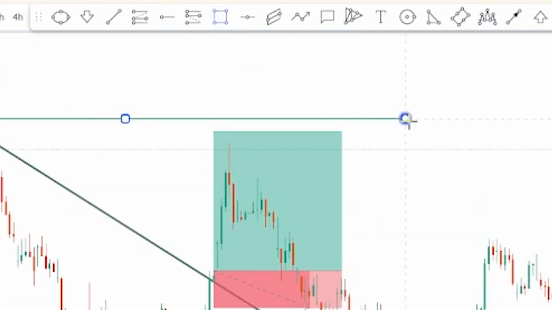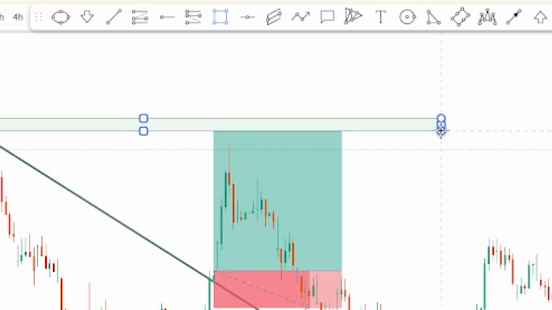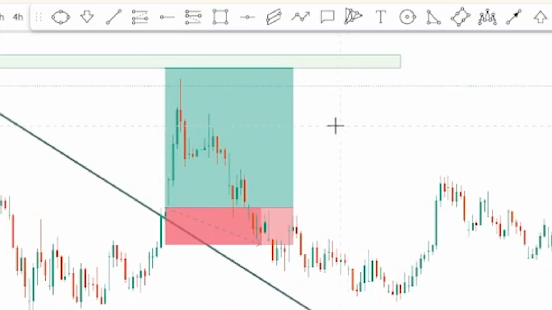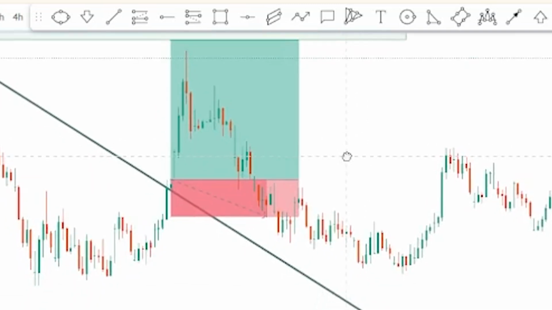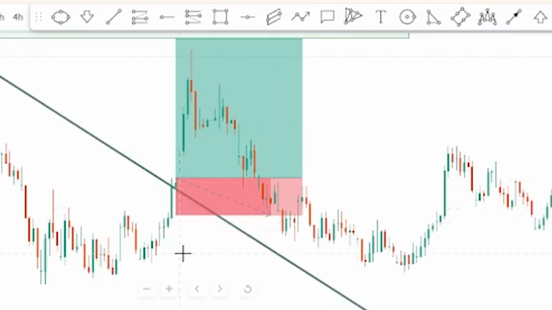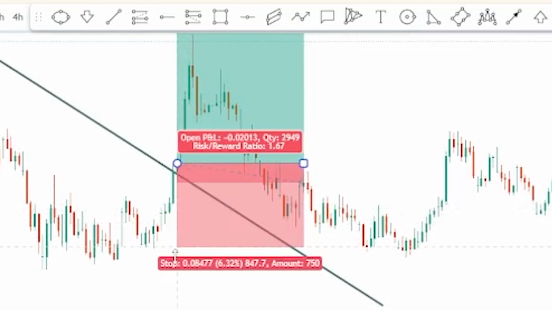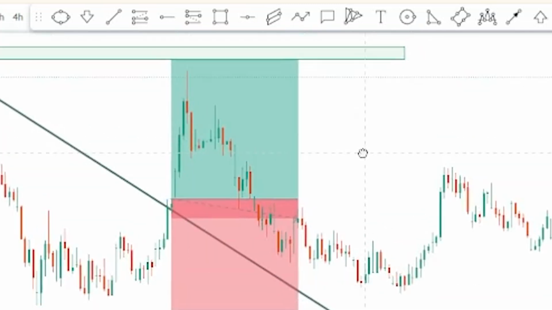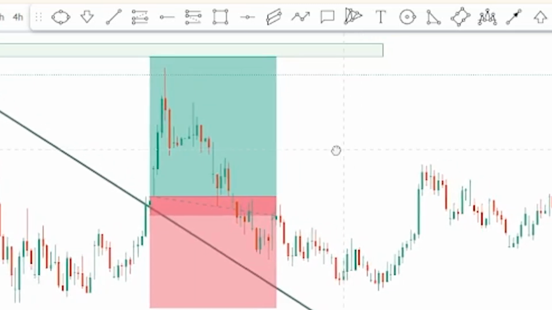As you get closer to your target, we get stopped out, the market pulls back and hits your stop loss. If again you set a stop loss below this area, that stop loss will be so big compared to the target.